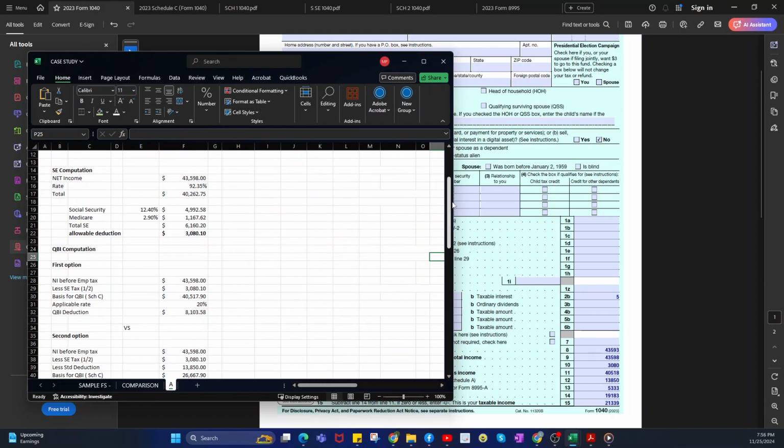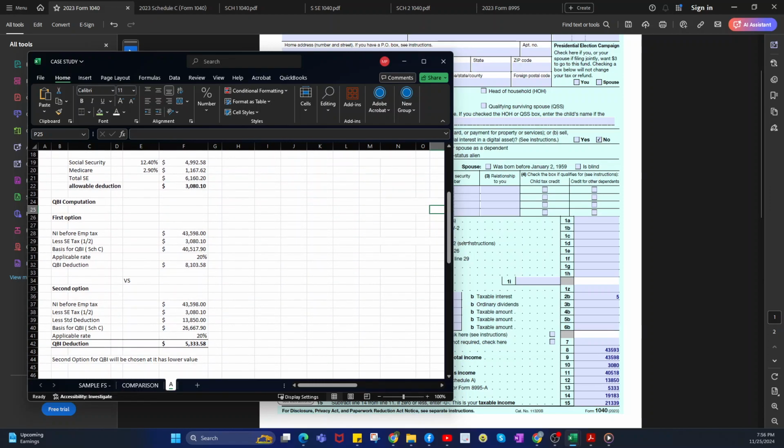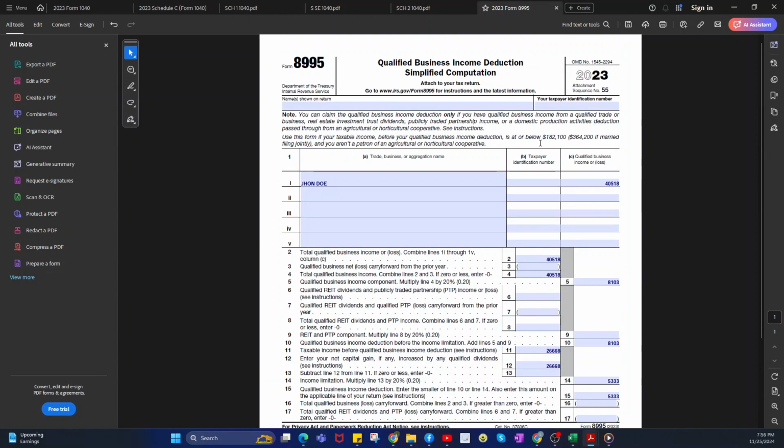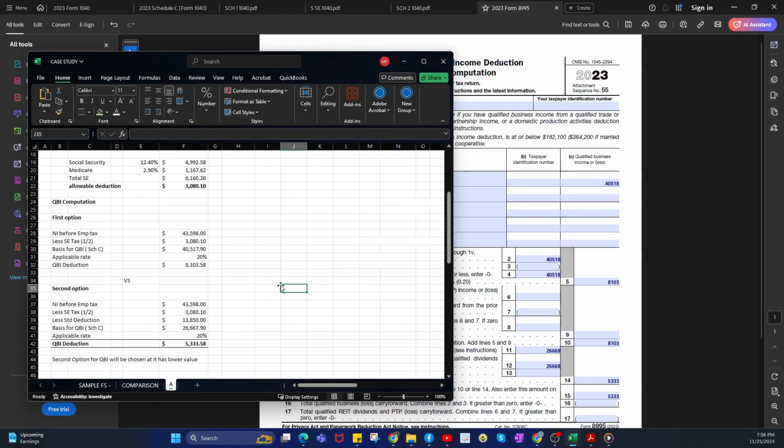The next thing is the QBI, the qualified business income deduction. So we have to use Form 8995. We just put here the name and the qualified business income or loss. So where did we get this 4518 in the computation?